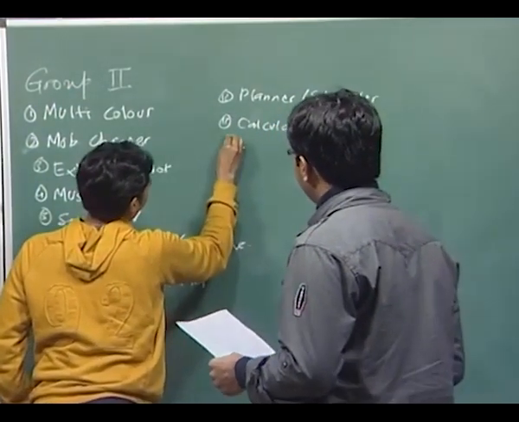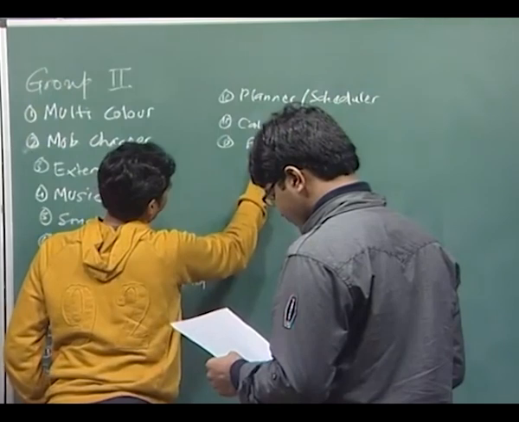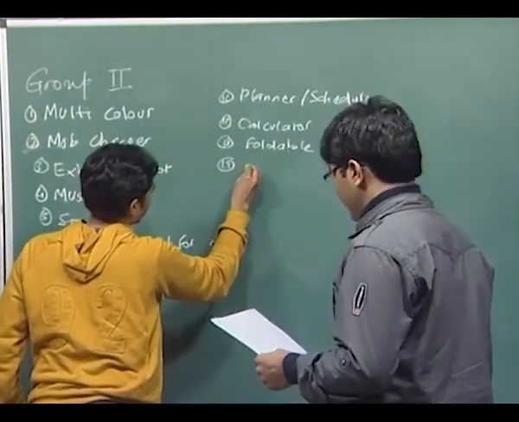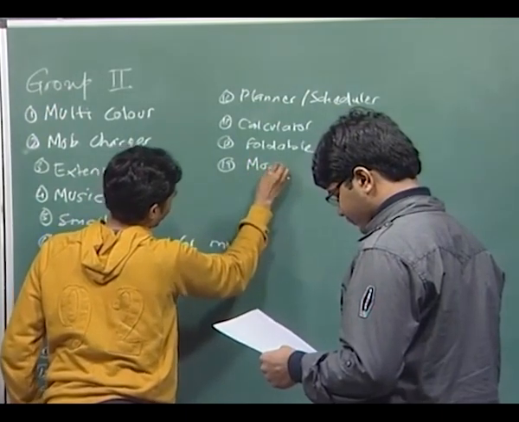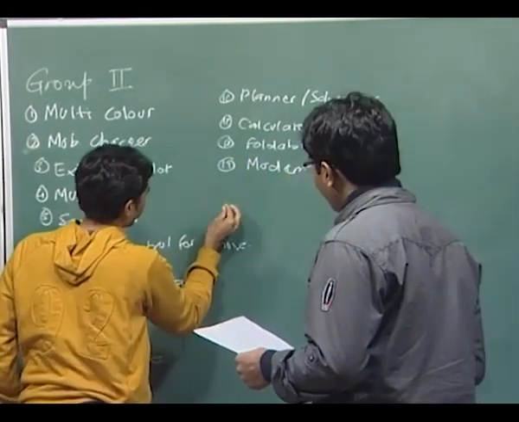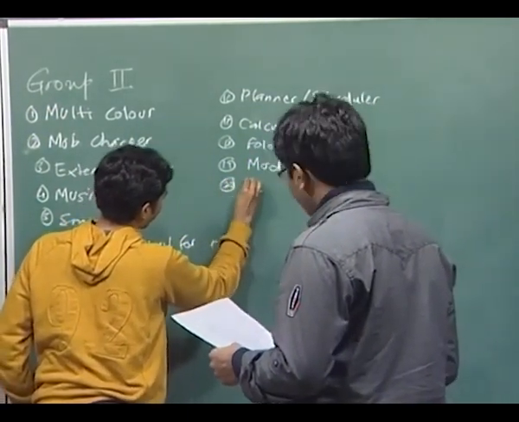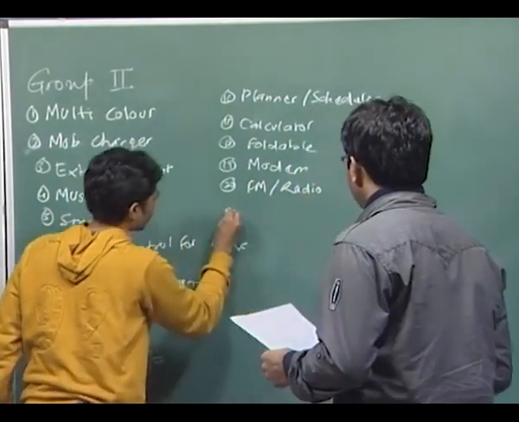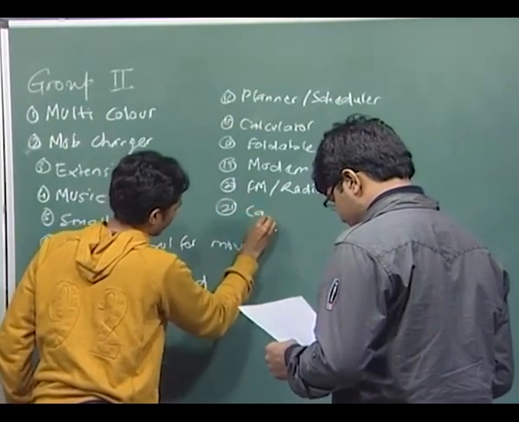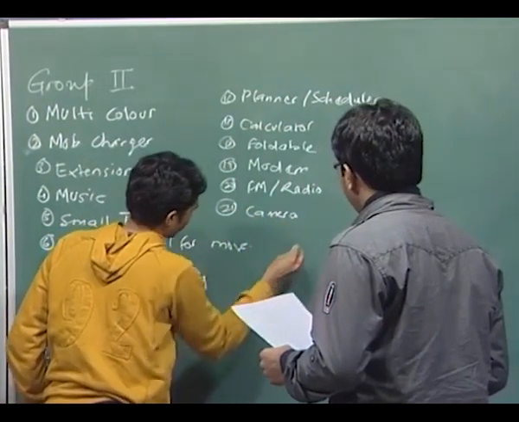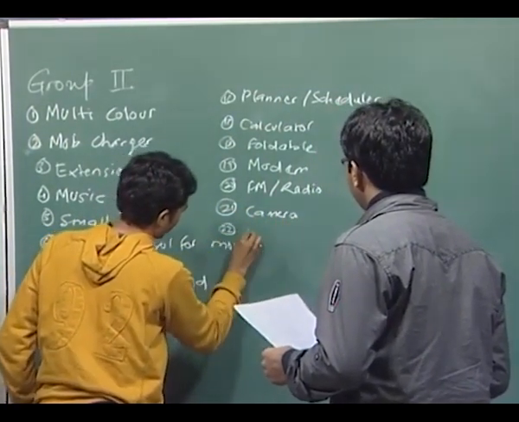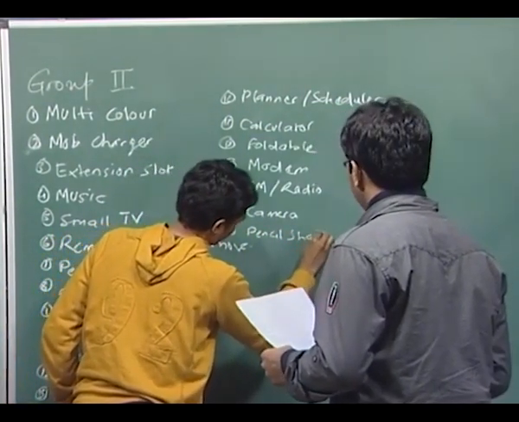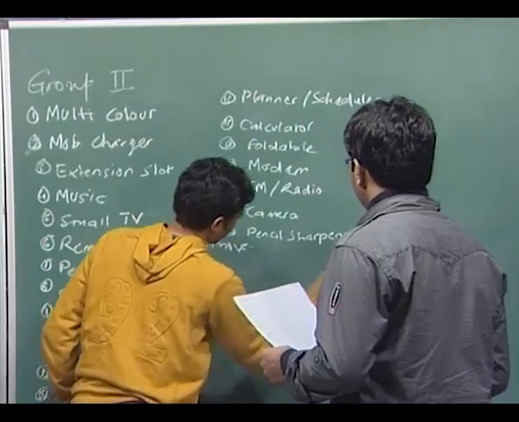Should be foldable. Internet connectivity modem. FM radio. Camera. Pencil sharpener. Mirror.